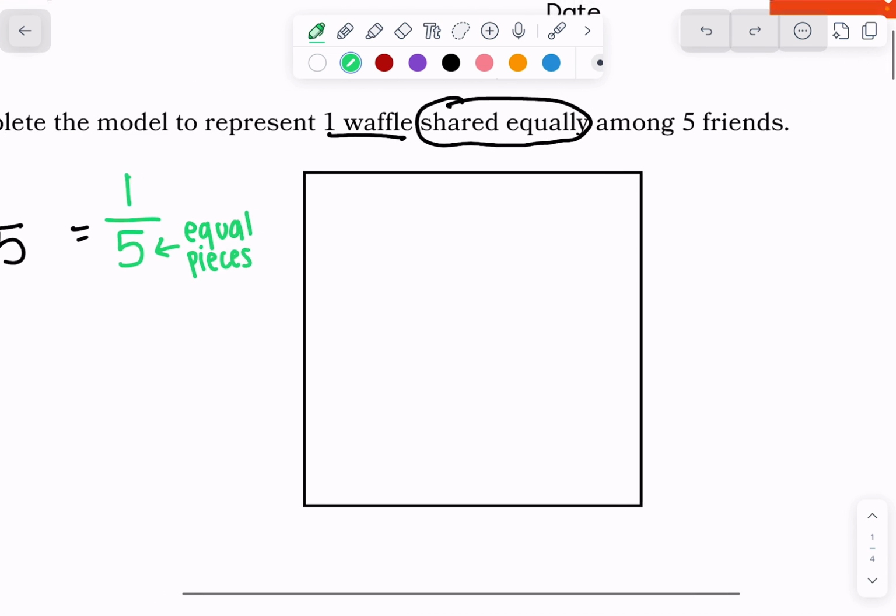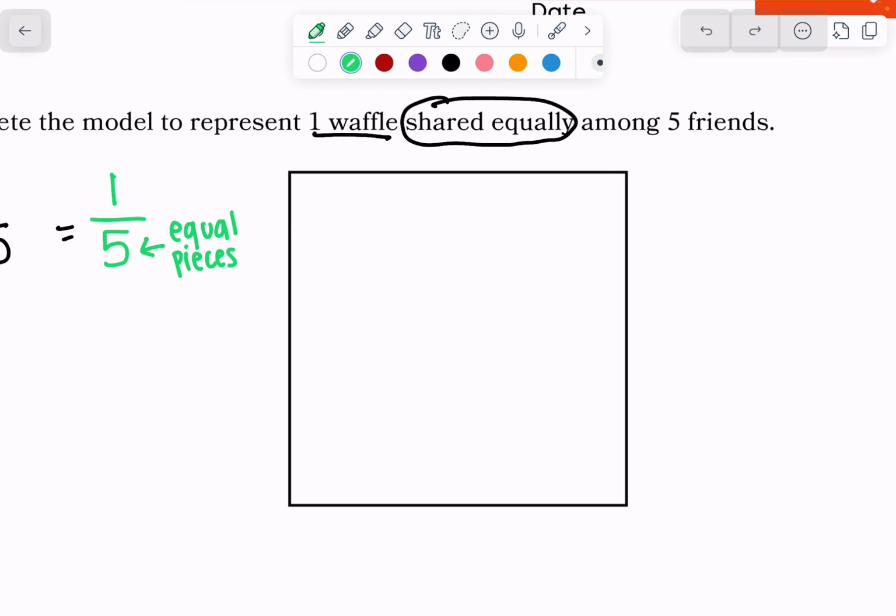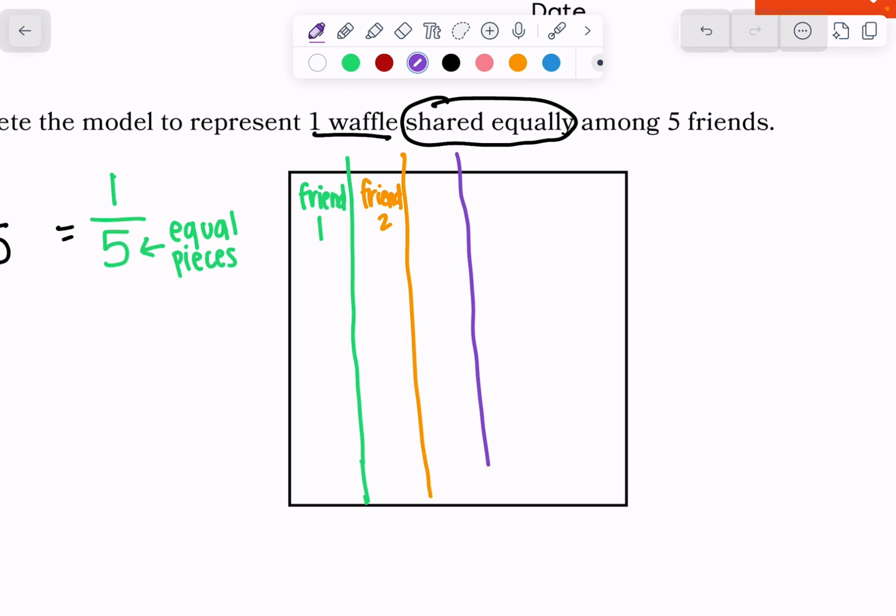So let's think about this. We have friend 1. Friend 1. We have friend 2. We have friend 3.